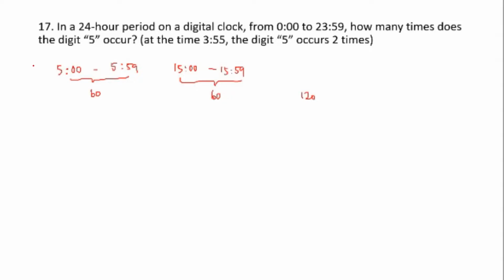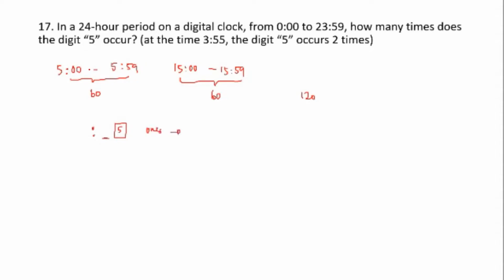Okay, now what about the number of 5 that appears in the minutes? And now let's decide that when we're talking about the minutes, we have the ones place of the minutes. So I'm talking about this, okay, the ones place of the minutes and the tens place. So let's talk about the ones place first.